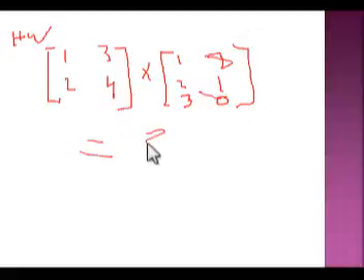Send me the answer in my comment box. This is your question. Comment if this matrix multiplication is possible or not.